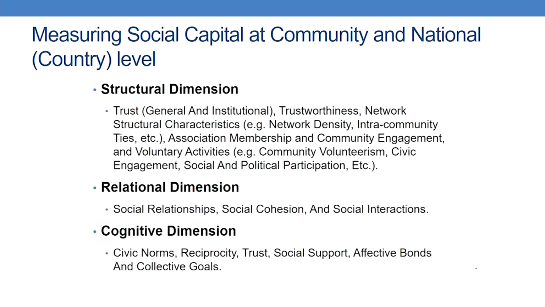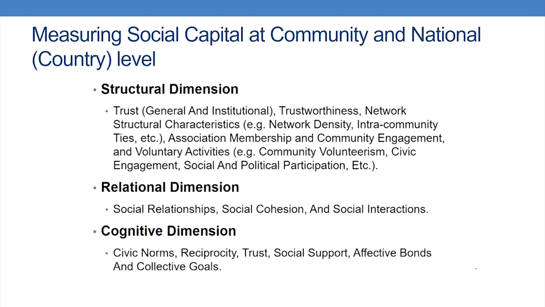With respect to the relational dimension, the items in these indices have been primarily from the structural dimension and have included trust, trustworthiness, network structural characteristics, association membership and community engagement, and measures used to describe relational social capital have focused on social relationships, social cohesion and social interactions.